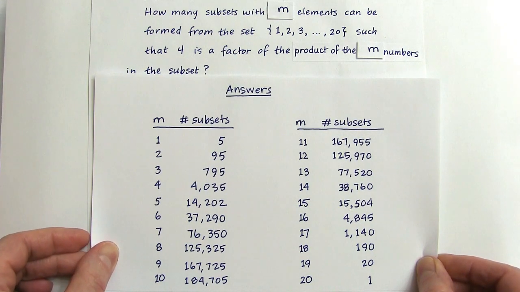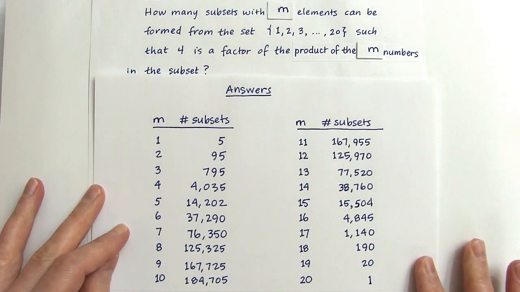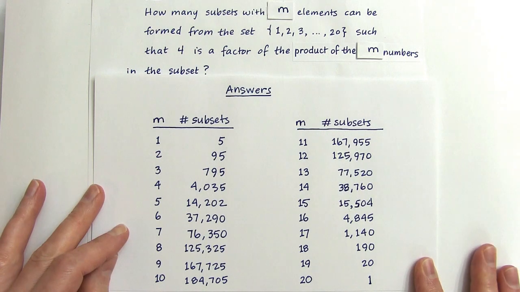Here are the answers that I calculated for every possible value of m between 1 and 20. Why don't you give 1 or 2 of those a try? I hope you enjoy. Good luck.